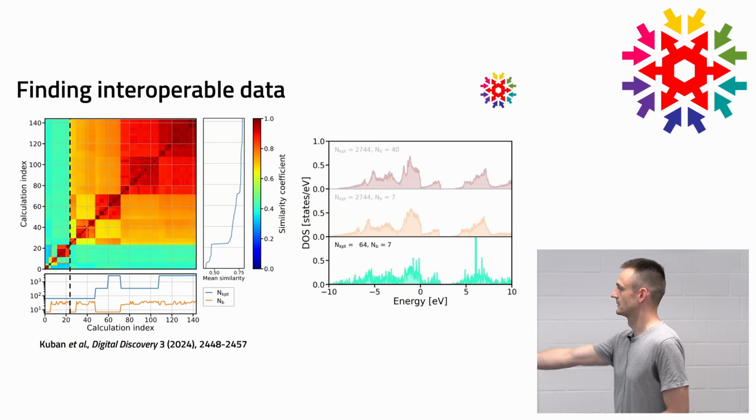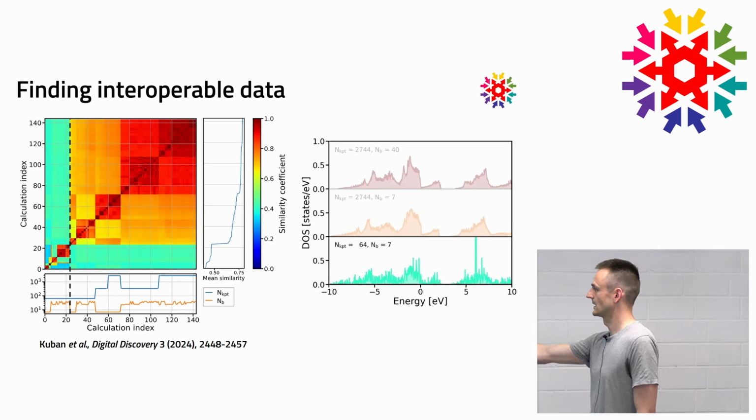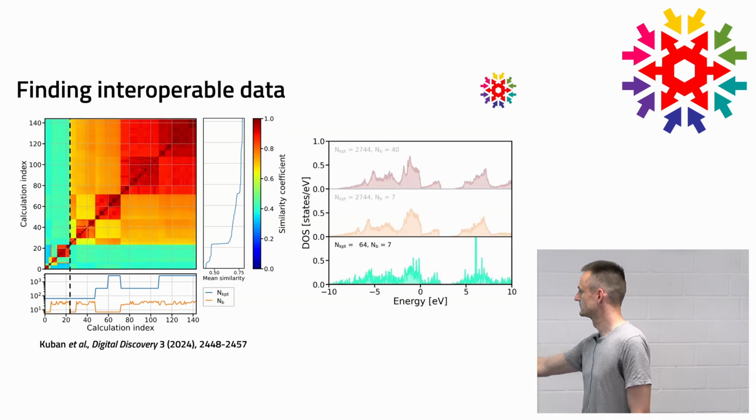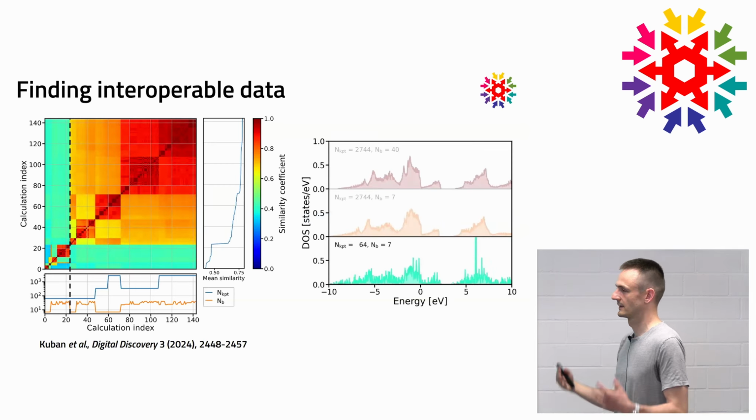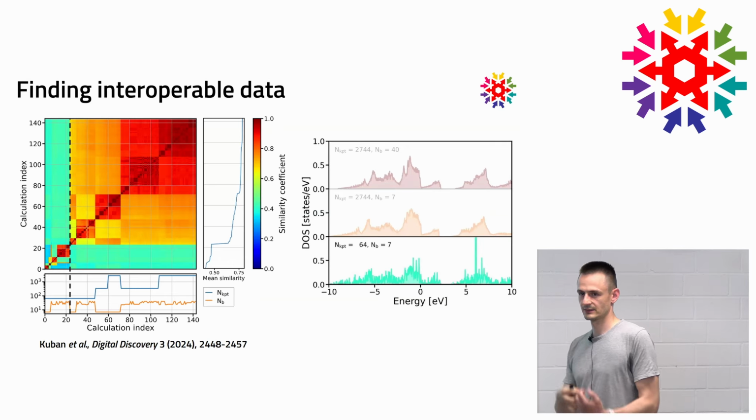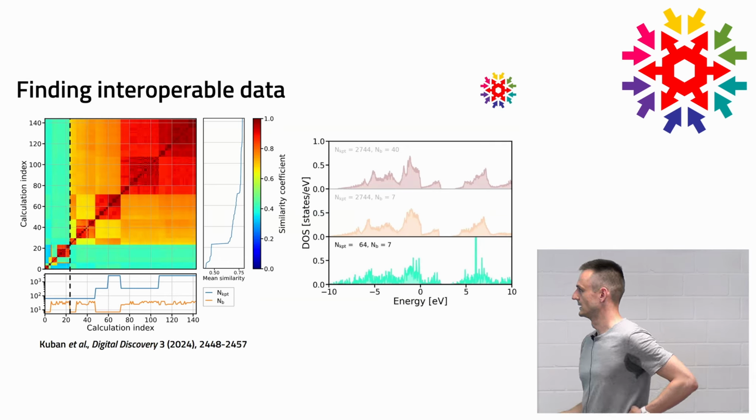If you look at the block that corresponds to these calculations, you see that all of these are the ones with too few k-points. We have like 24 k-points, I think, times some factor. No matter how many basis functions you choose, if you choose too few k-points, the results will always be dissimilar to the higher converged ones, which is to be expected.